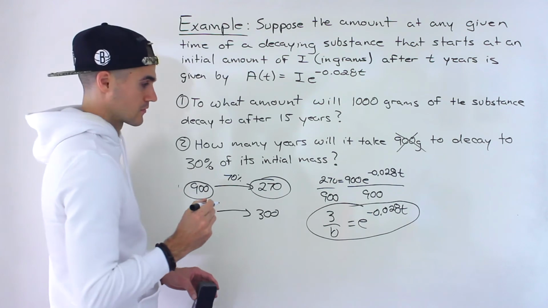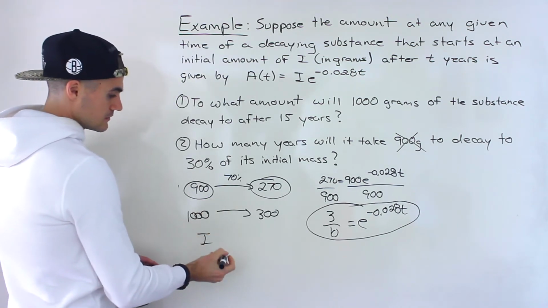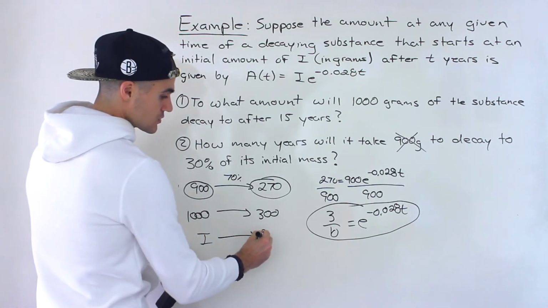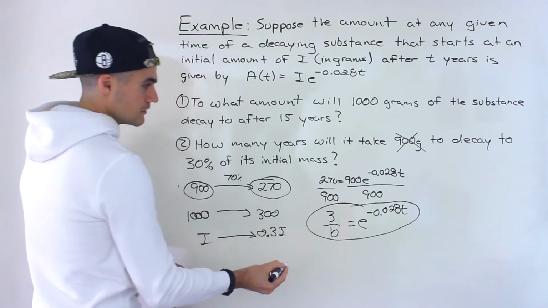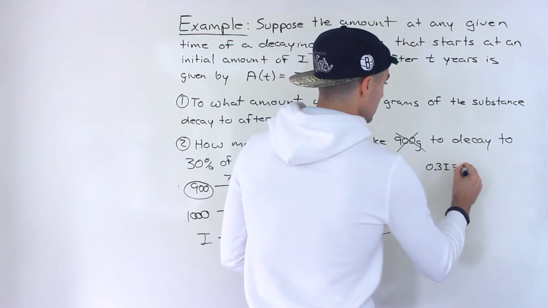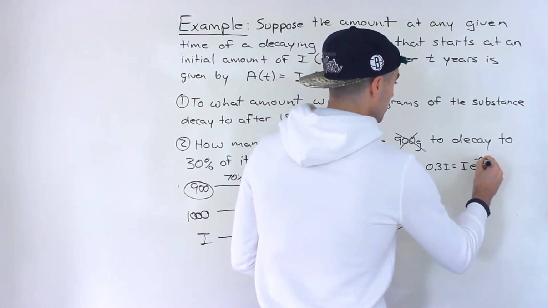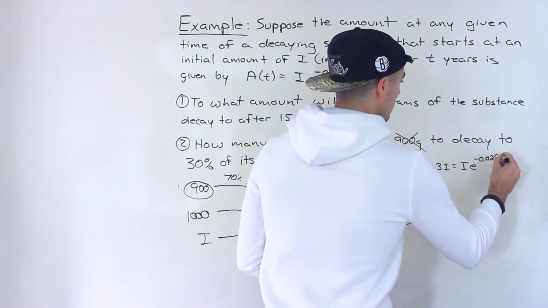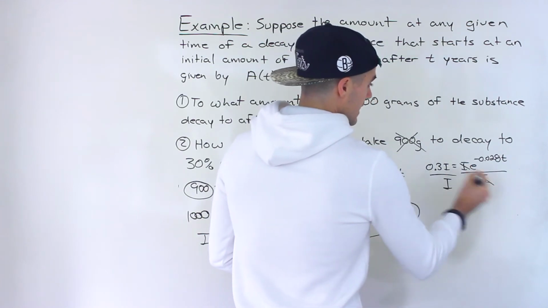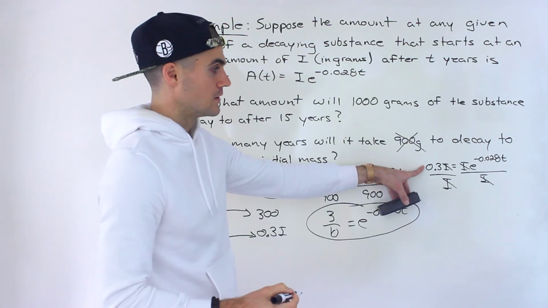So you would put 300 here, 1,000 here, and then when you divide by 1,000, you'd end up with this 3 over 10, right? And just to generalize it, if it starts at an initial amount of I, then 30% of that is going to be 0.3I. So you would end up getting 0.3I equals I, the initial amount, e to the power negative 0.028 t. And so when you divide by I, no matter what it is, notice that it's going to just cancel out, and you're going to be left with that 0.3.